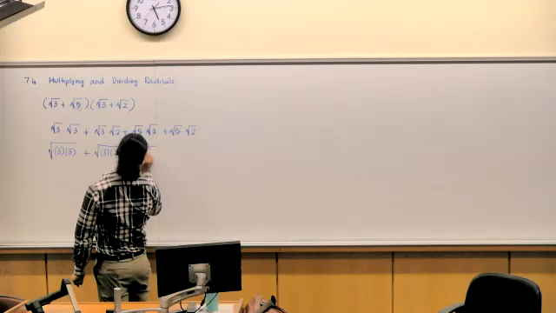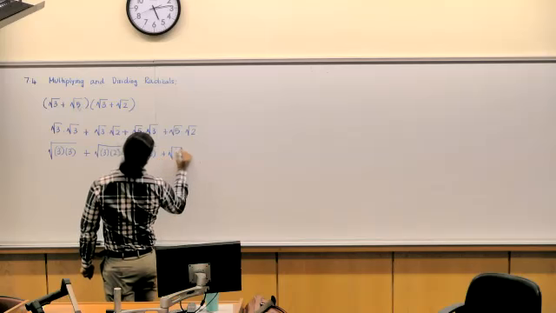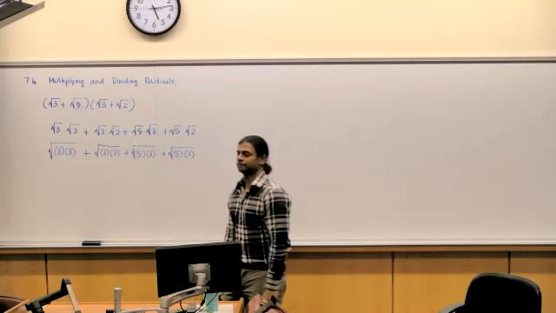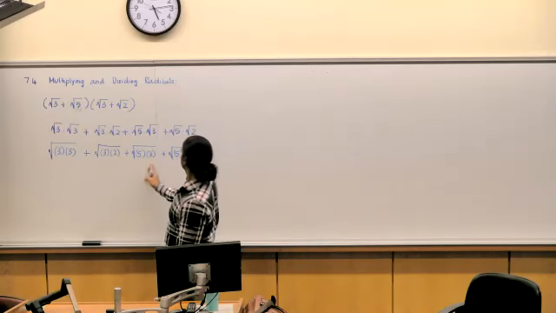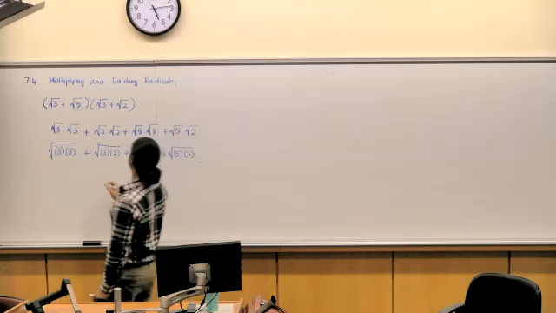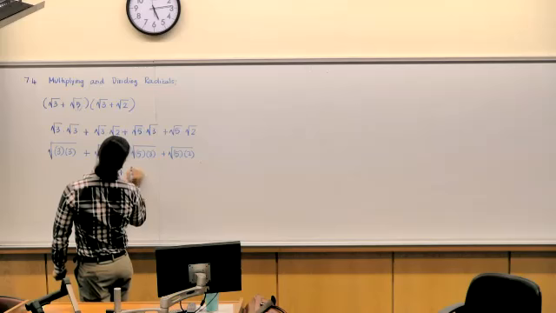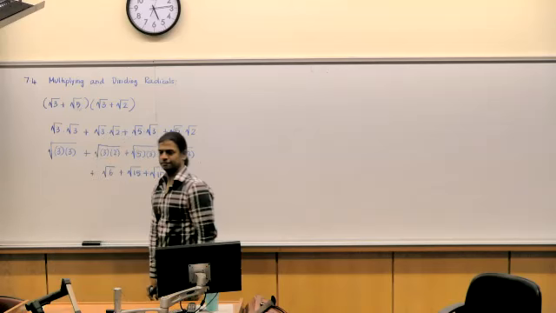Square root of 5 times 3. Square root of 5 times 2. There's nothing much I can do about these terms, so I'm just going to write them as square root of 6 plus square root of 15 plus square root of 10.